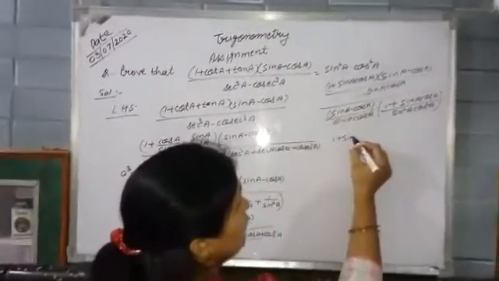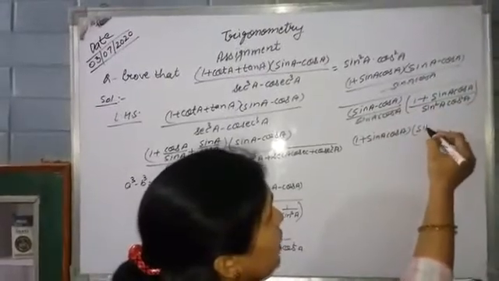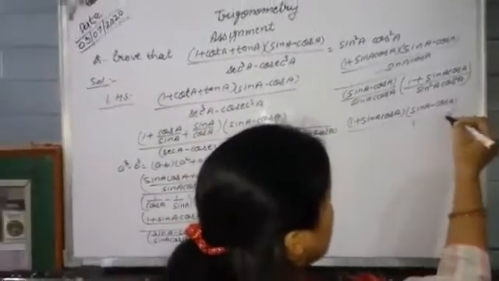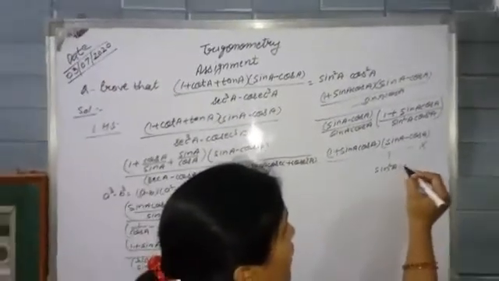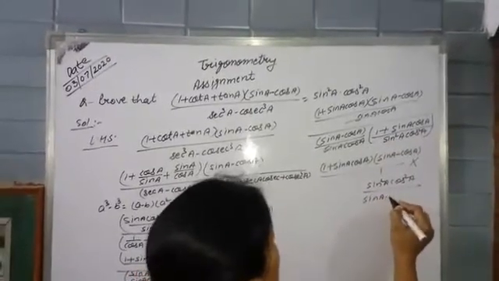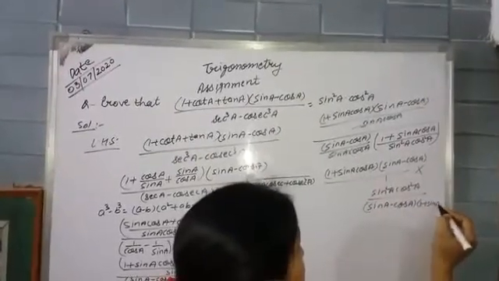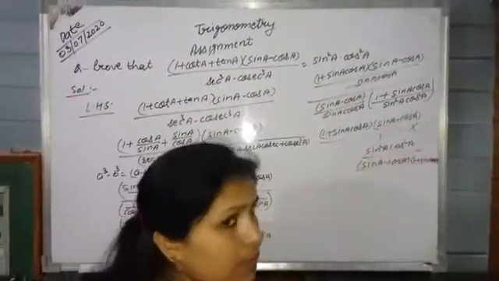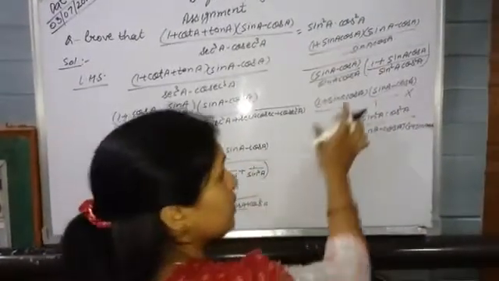1 plus sin A into cos A, multiplied by sin A minus cos A, into, and this term gets reversed, so this term will be equal to sin square A cos square A divided by sin A minus cos A and 1 plus sin A into cos A. In the denominator sin A minus cos A and in the numerator sin A minus cos A cancel out. 1 plus sin A cos A and 1 plus sin A cos A, again this term cancels out.